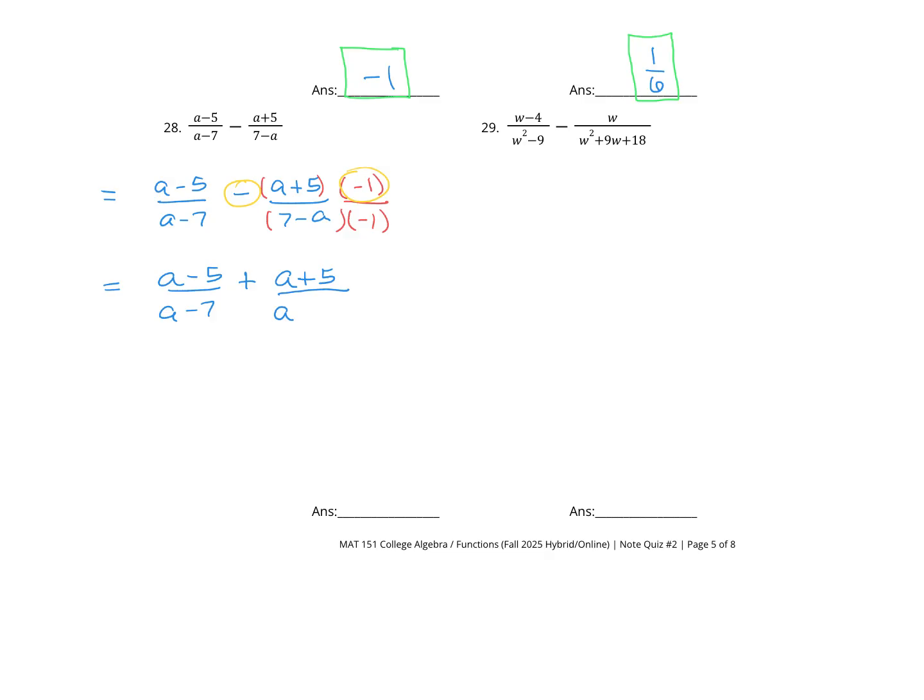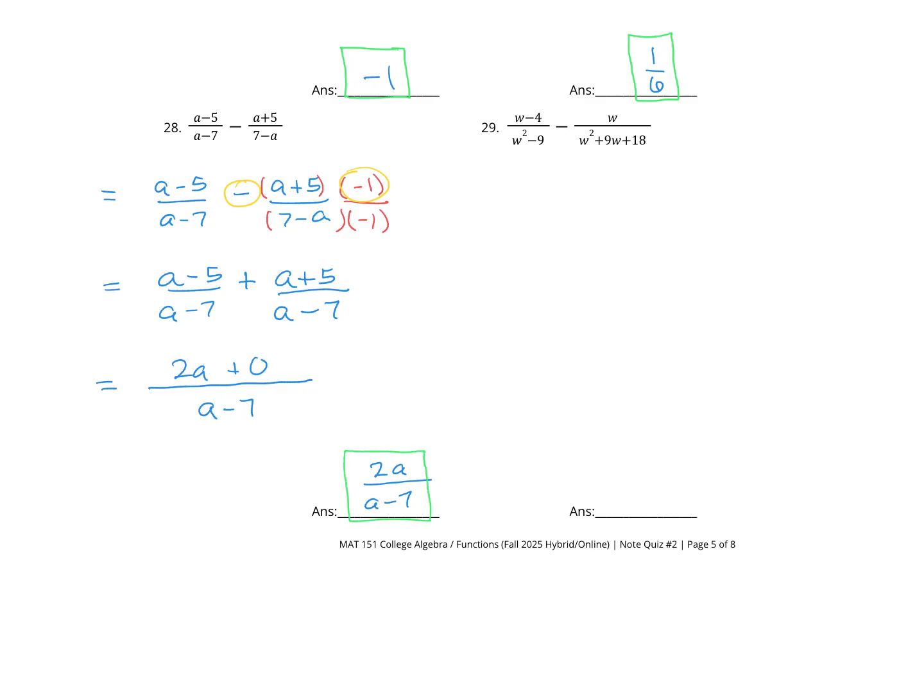That positive 7 times that negative 1 makes a minus 7. You now have the same denominator, so you can add these up. Your denominator is going to be a minus 7. Upstairs, a plus a makes 2a. And then you have the minus 5 plus 5. That's just a 0. So you're going to get a 2a over a minus 7 for your final answer here.